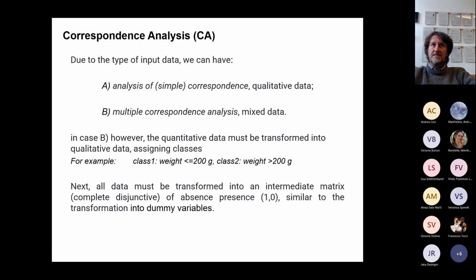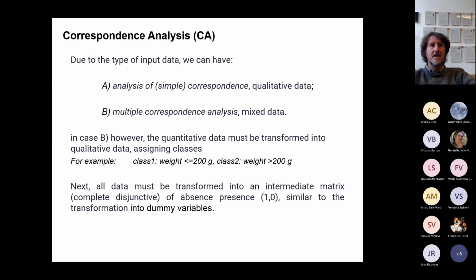Due to the type of input data, we can have simple correspondence analysis on qualitative data, or multiple correspondence analysis with mixed data, where in the second case the quantitative variables must be transformed into classes, into qualitative data.